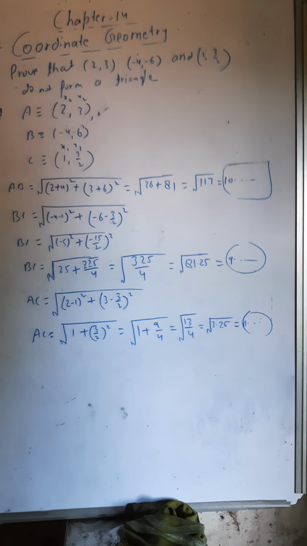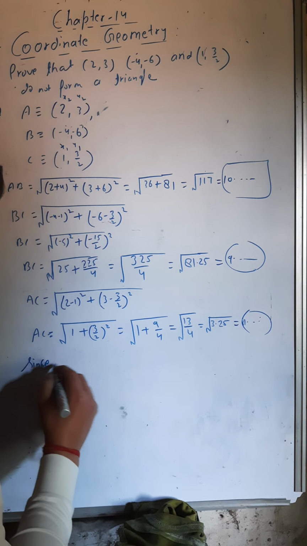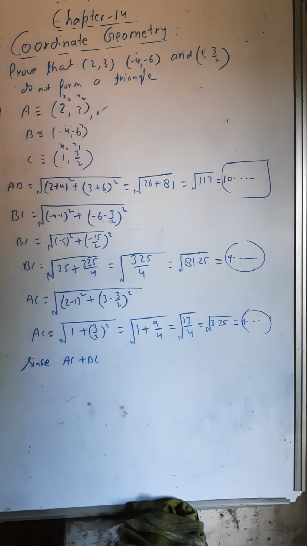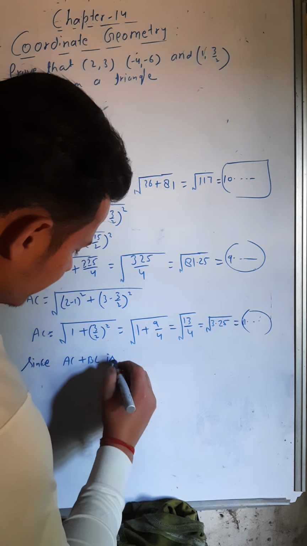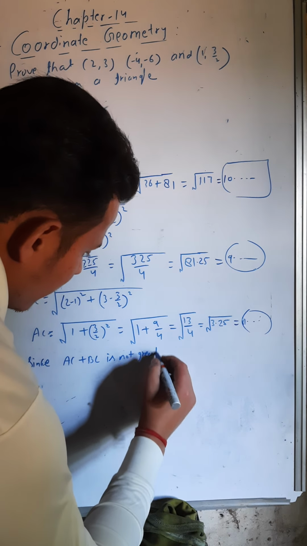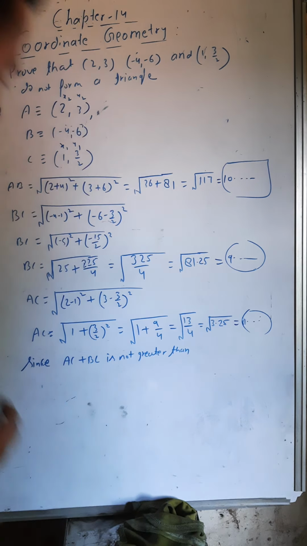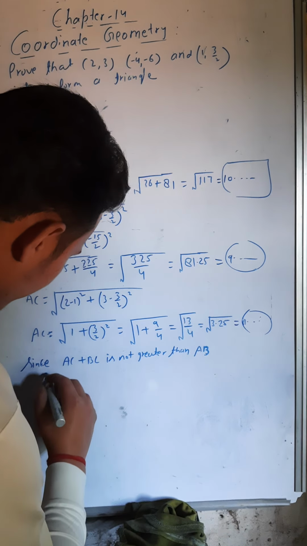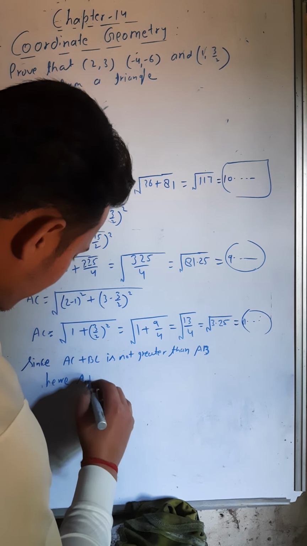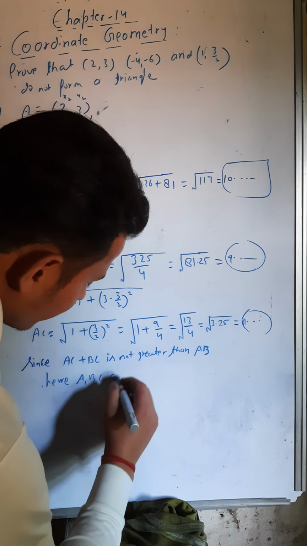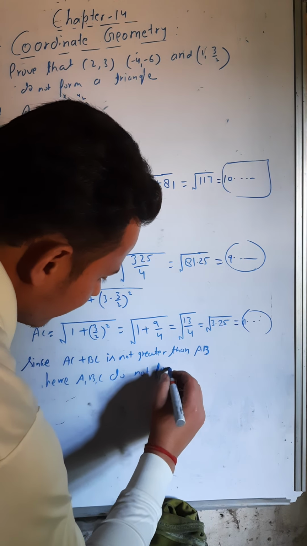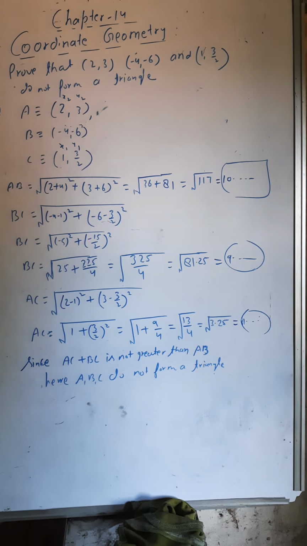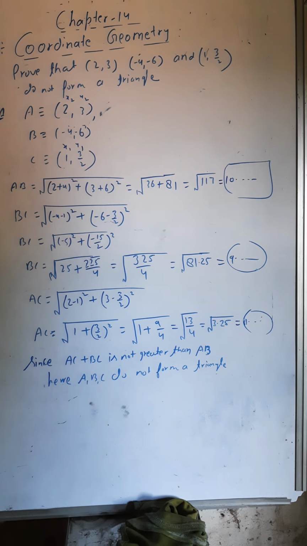So here you write: since AC plus BC is not greater than AB, hence A, B, C do not form a triangle. So this is how we will solve the question.